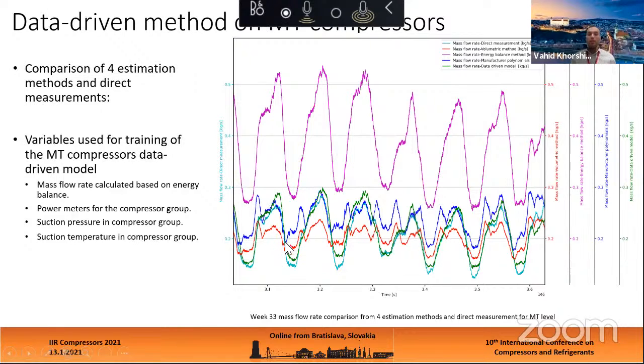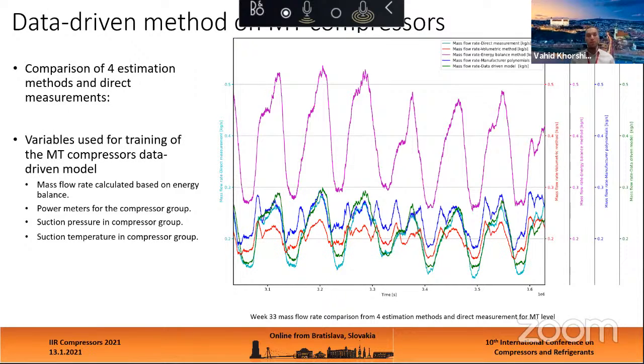That brings us to why, when we are training the model, the selected variables are not from the manufacturer polynomial or the volumetric method.